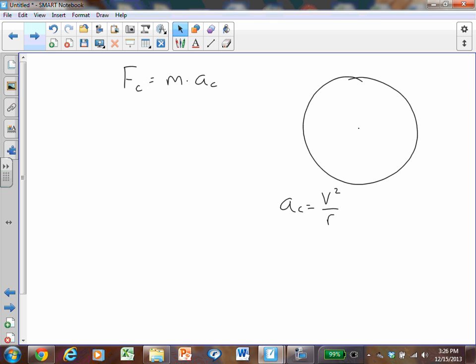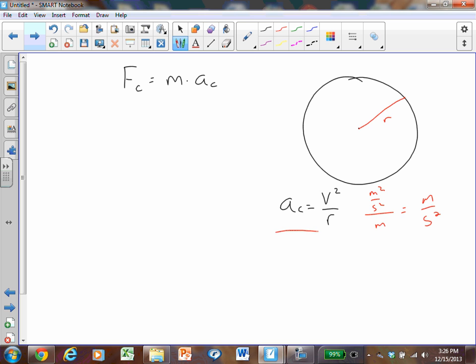If you look at the units of that, you'd have meters squared over seconds squared over the radius of the circle, which is meters, giving meters per second squared, which makes sense for acceleration. So acceleration is v squared over r, where r is the radius of the circle and v is the speed of the object.